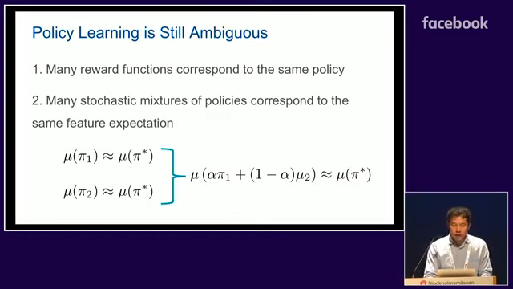If we want to find a policy that could explain the expert behavior, then we could basically create any two policies that match the expert features, and we can create any stochastic combination of them. And the resulting policy will also satisfy the feature matching requirement. So in a way, we still have the ambiguity of deciding which one is the right policy.